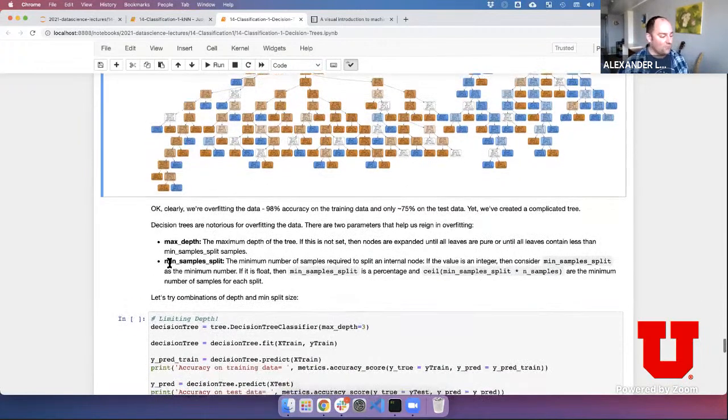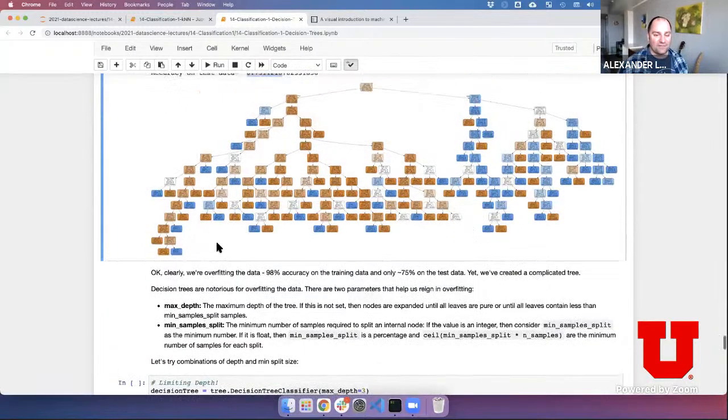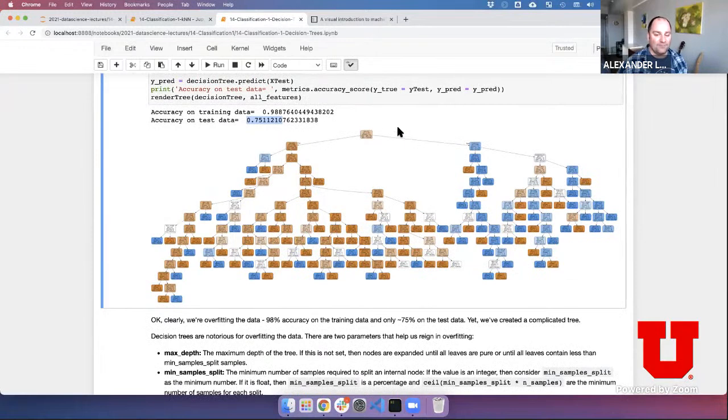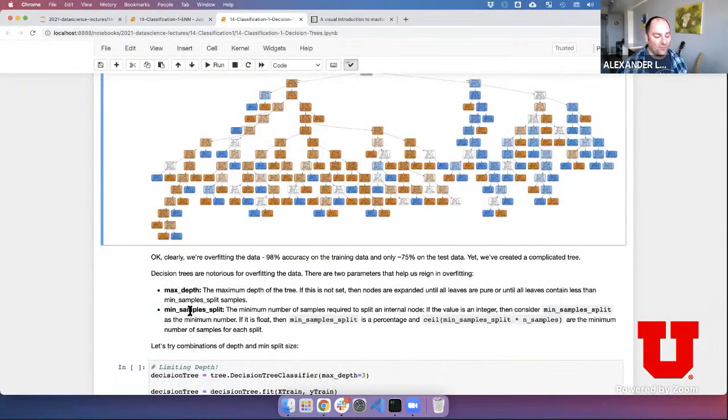We can use two parameters, the max depth and the min sample split. The max depth essentially tells the tree: don't go deeper than 3 levels or 4 levels or n levels. And the min sample split is either a number or a percentage of how many samples you should have at least in a node before stopping the split.